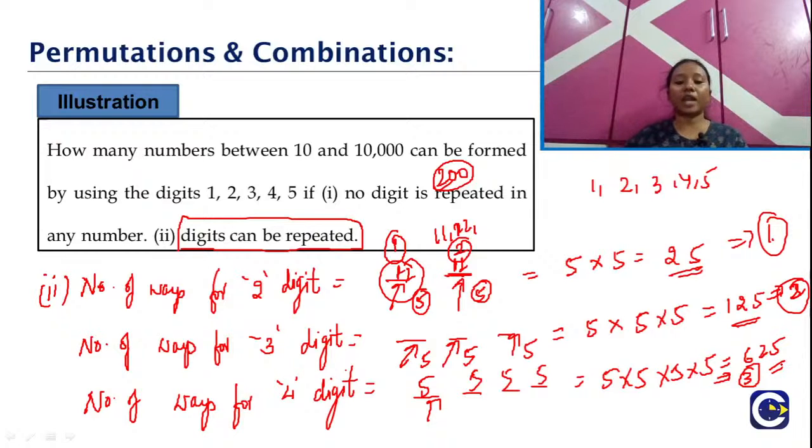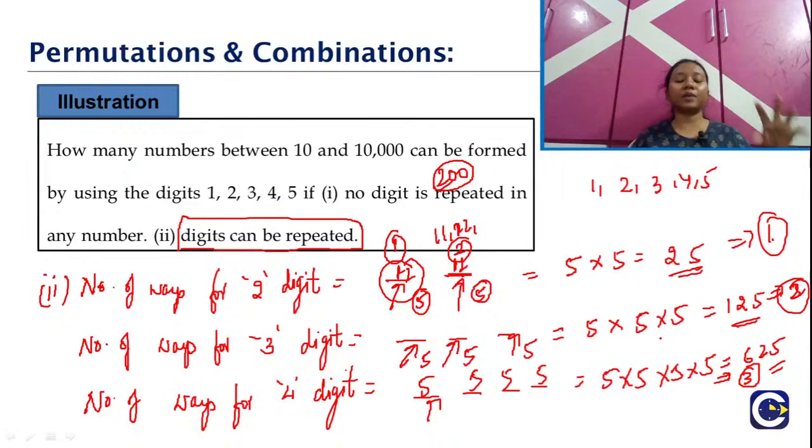So now here we have to check whether the three experiments will be performed simultaneously or only one amongst these three will be performed. Can we have a 2-digit and 3-digit number at the same time? Not possible, right?